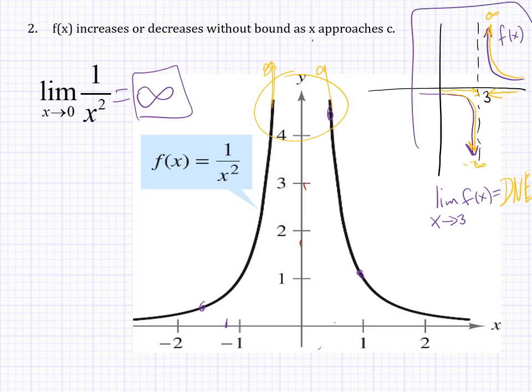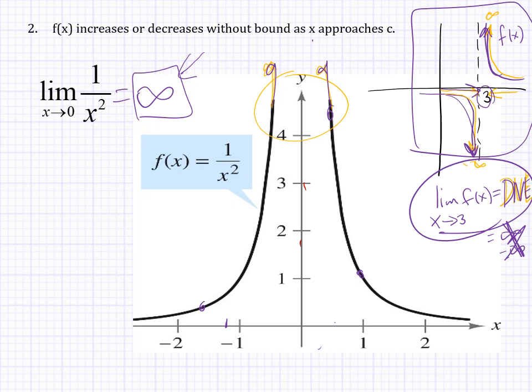Over here for this one, the best I can do is does not exist, because I can't even write infinity or negative infinity because I'm getting a different direction depending on which way I go to 3.